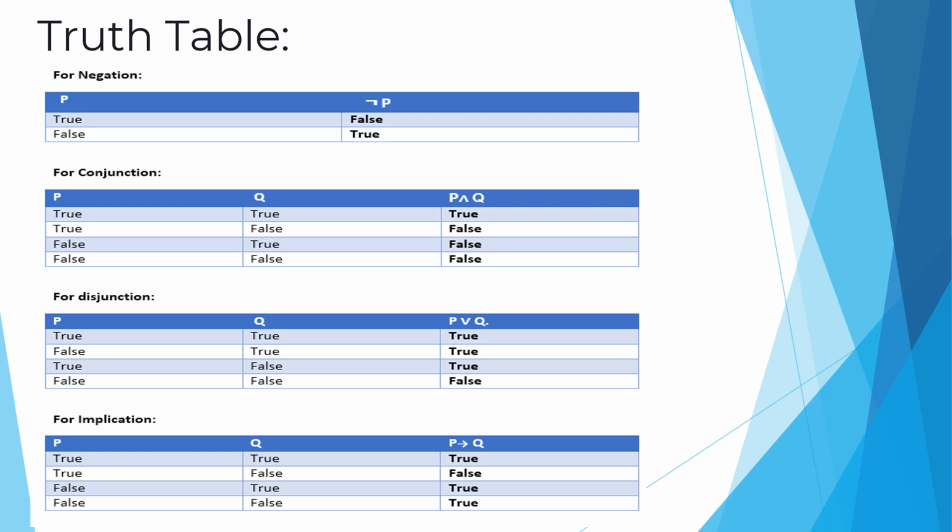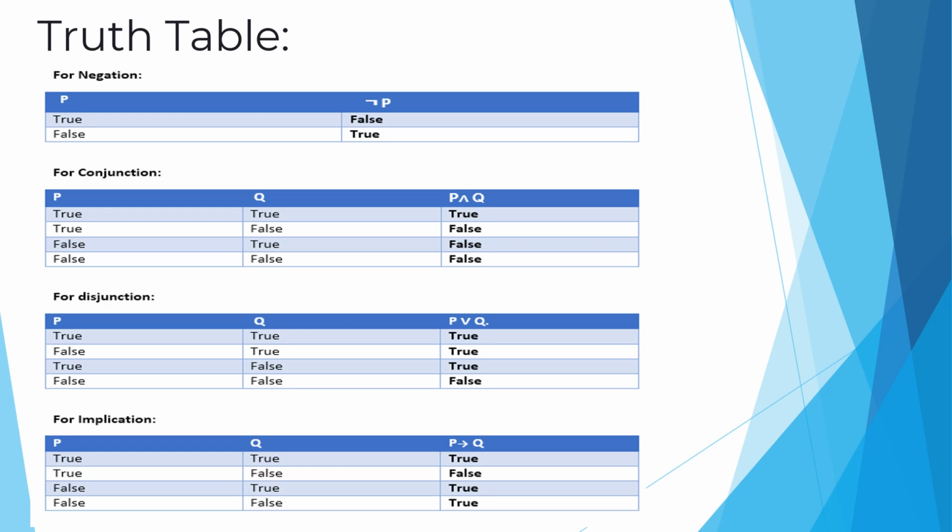When the statement P is true and the statement Q is false, after applying the conjunction, that statement is false. When the P statement is false and the Q statement is true, after applying the conjunction, the statement is false. When the P statement is false and the Q statement is false, after applying the conjunction, the statement is false.